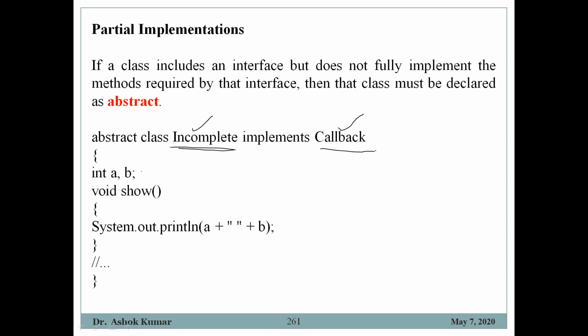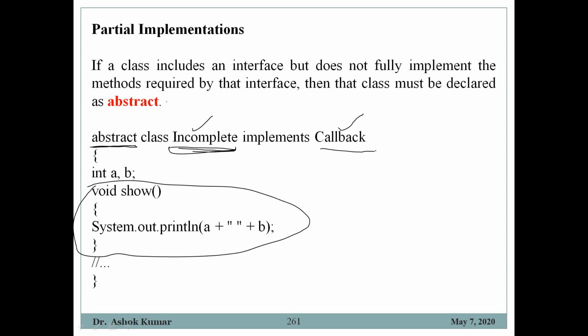In the class, we have added one method, show, right? This is possible only if we create the class of type abstract. And as we discussed earlier, an abstract class cannot be instantiated. We cannot create the object of the class.